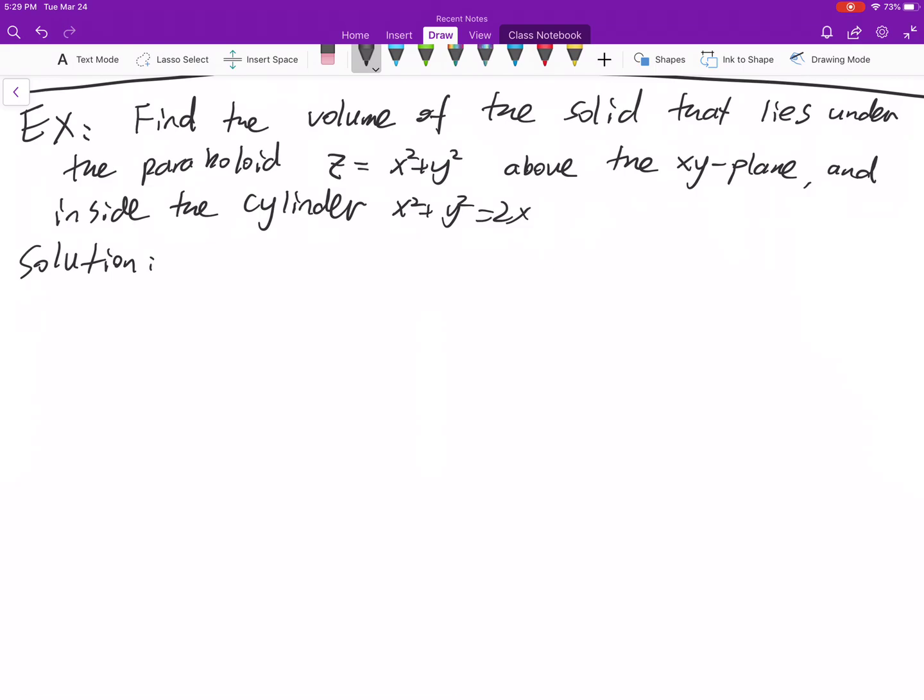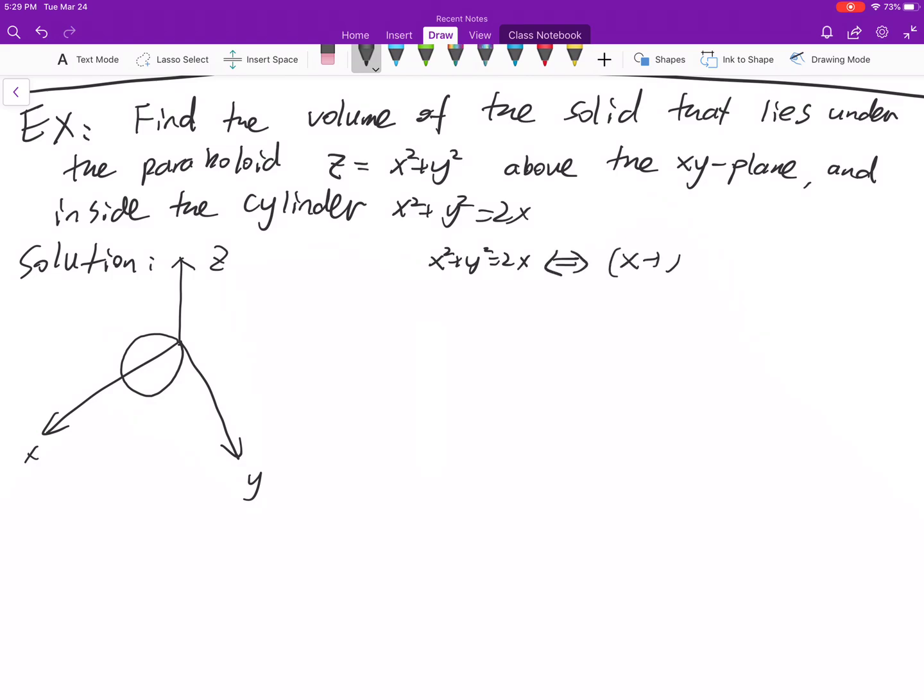So we can draw the picture like the following. So this is a 3D picture. So this is x, y, z, and you have, so first, let's simplify this cylinder.